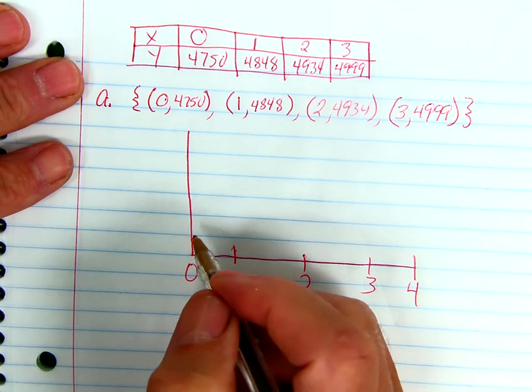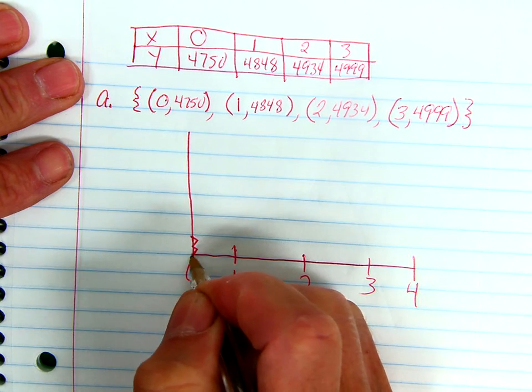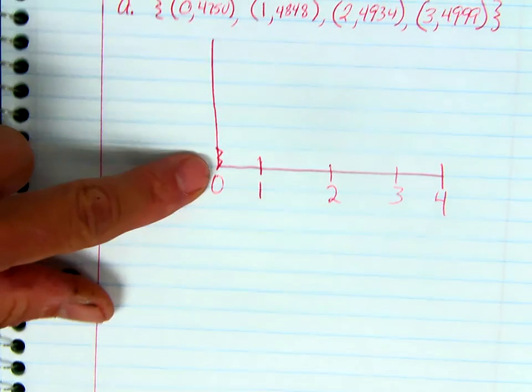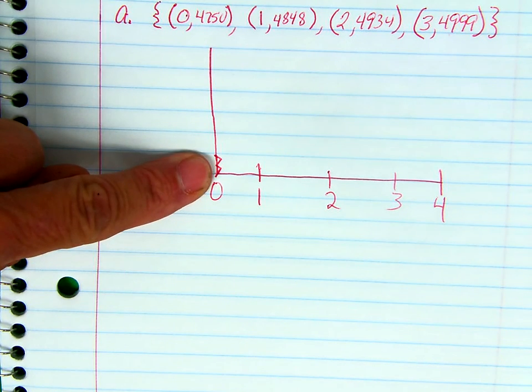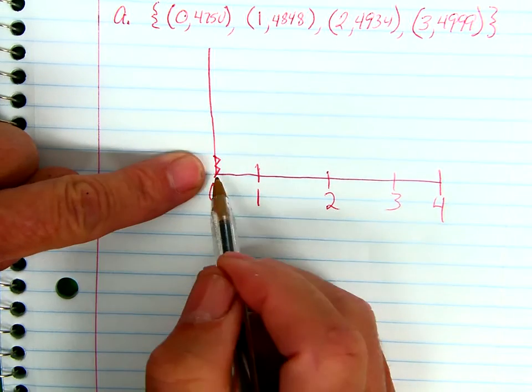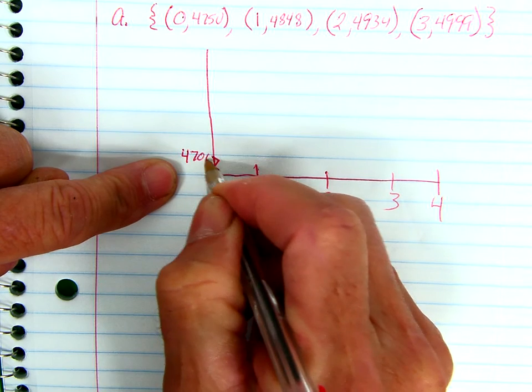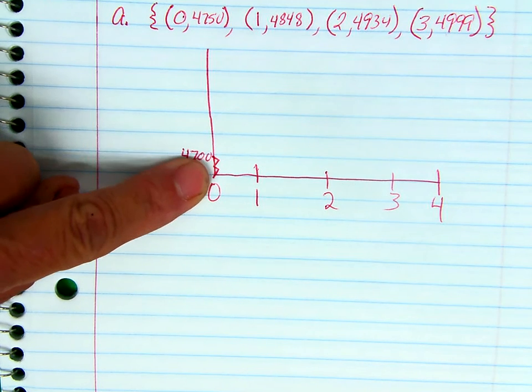Here's some symbolism that you're going to see maybe on the STAR test. We're going to draw this little curly thing right here. CJ, how does it look? And here's what this means.